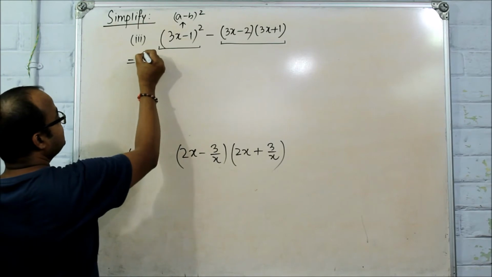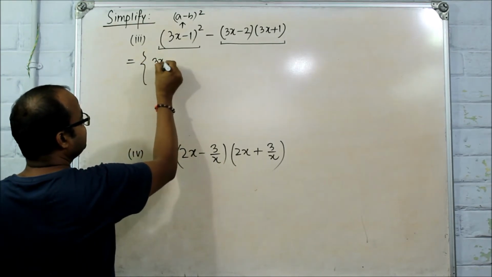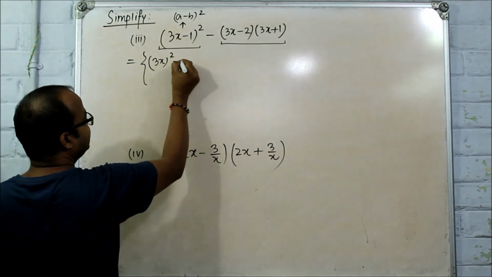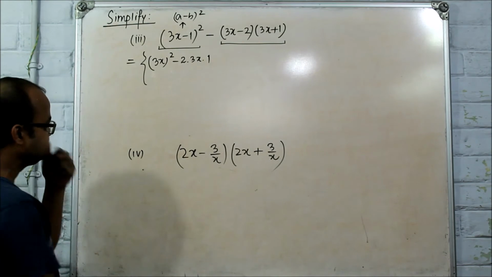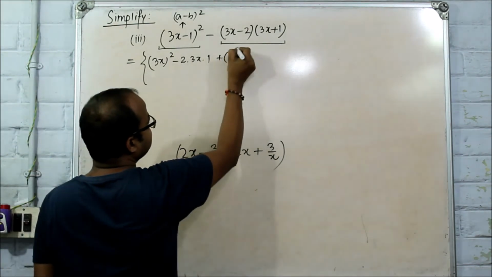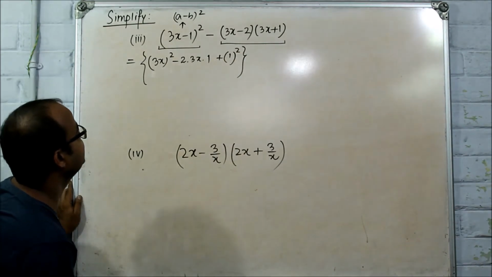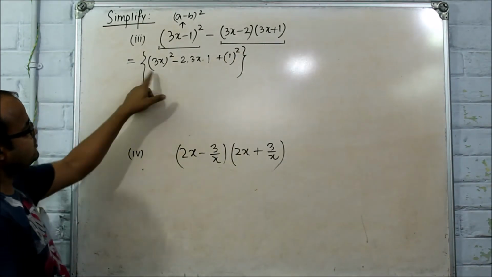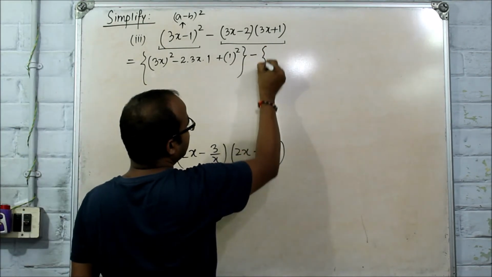Clear? So the formula is a square minus 2 into a into b plus b square. Here we are using the formula a square minus 2ab plus b square minus of.